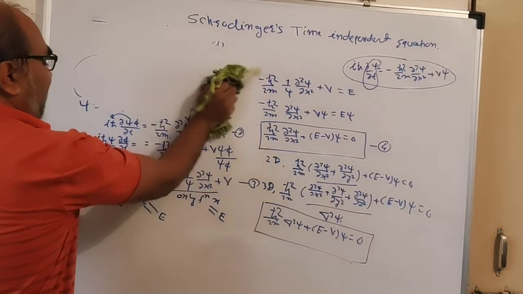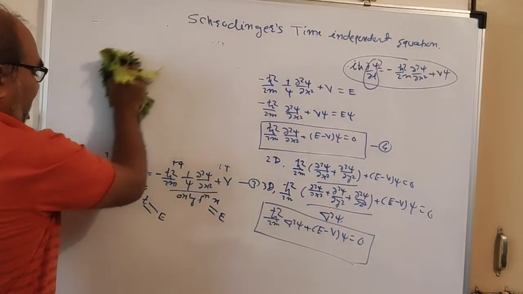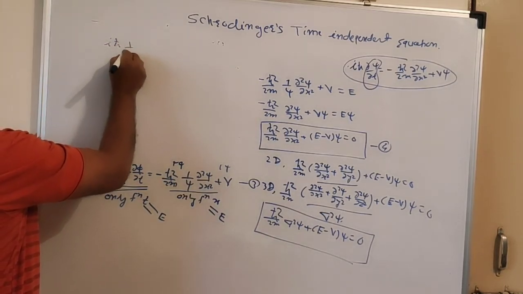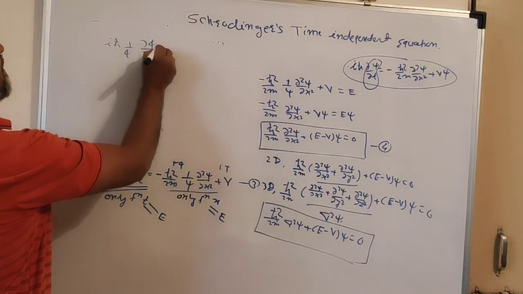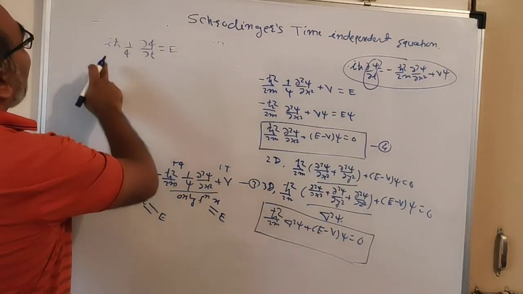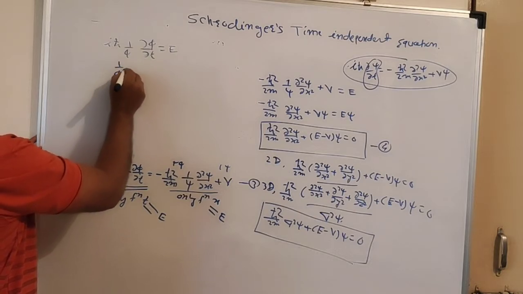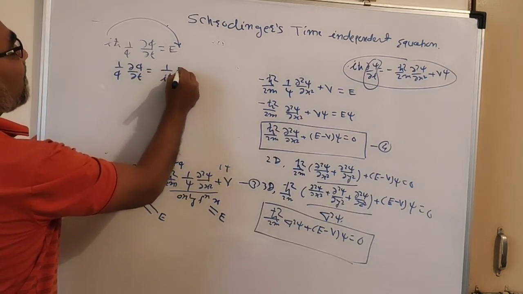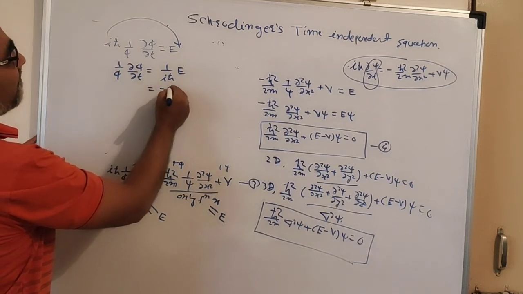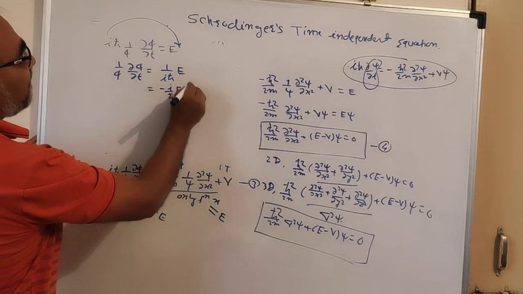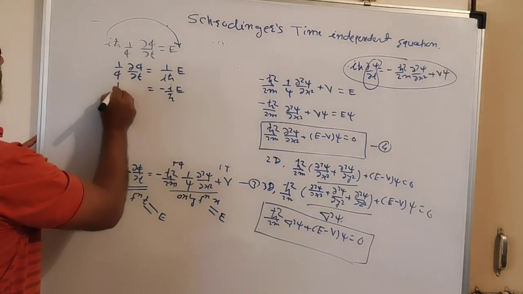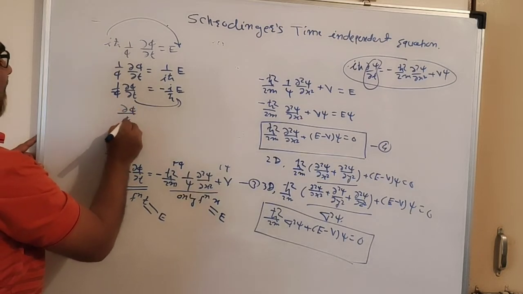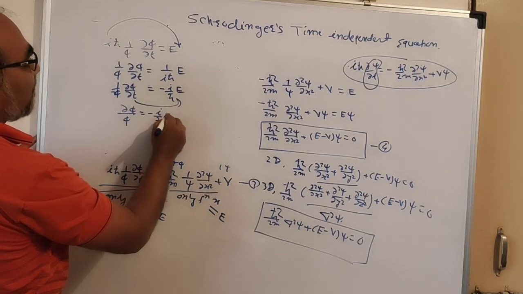Take the LHS of this equation and see what happens. i h cross 1 by phi dou phi by dou t is equal to E, and therefore we transfer this i h cross to the other side: 1 by phi dou phi by dou t is equal to 1 upon i h cross E, so this is minus i by h cross E. So dou phi by phi is equal to minus i by h cross E dt.